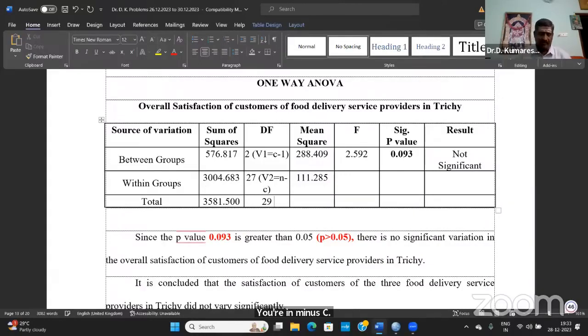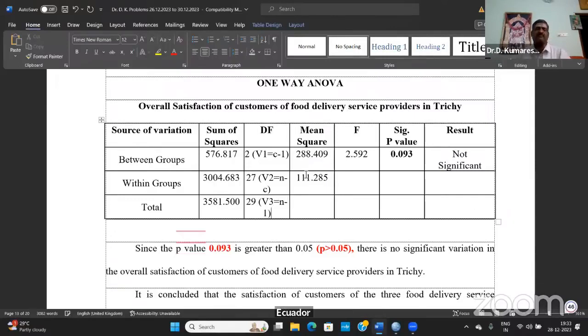N minus 1. V3 equal to N minus 1. That's all.